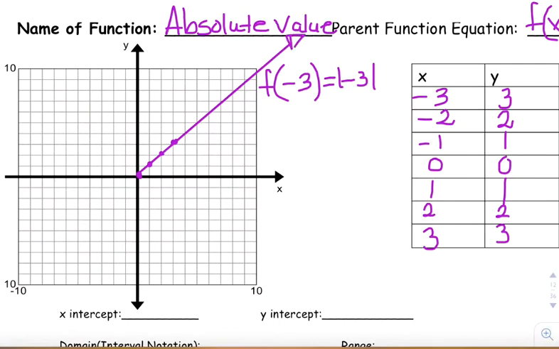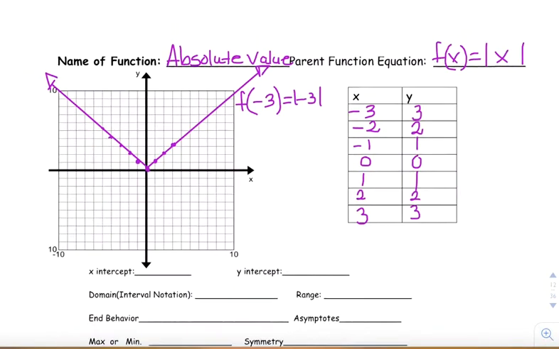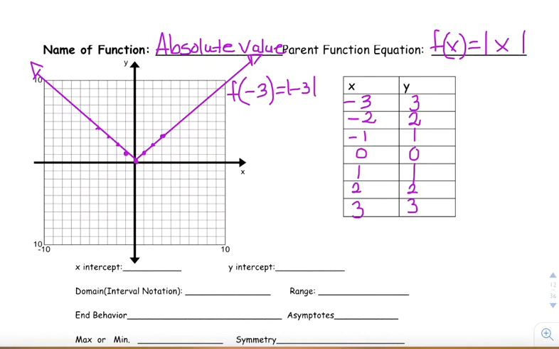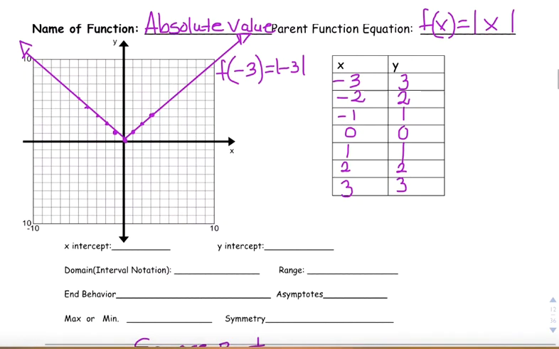However, on the left, it's still linear behavior, so it's like two pieces put together. In fact, that is what an absolute value is, two lines pieced together. And it creates this V-shaped graph. So our absolute value will always look like a V.